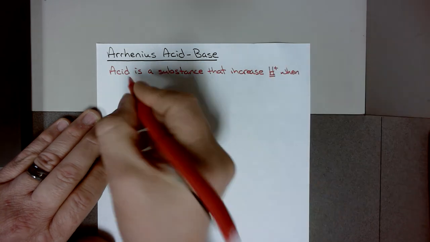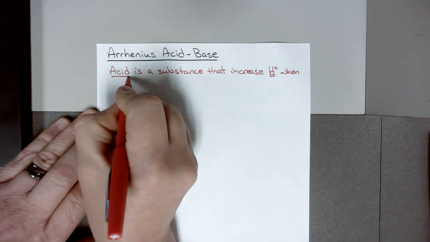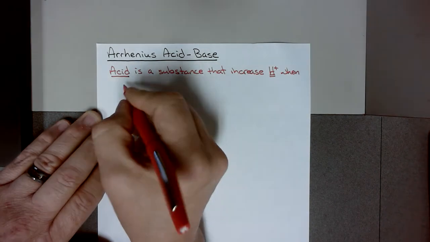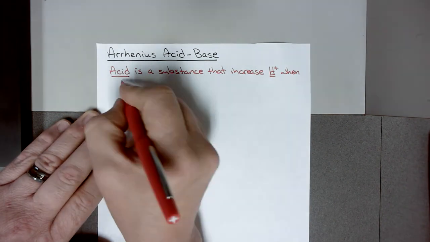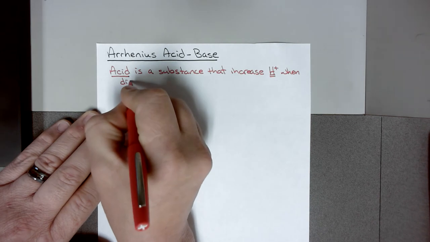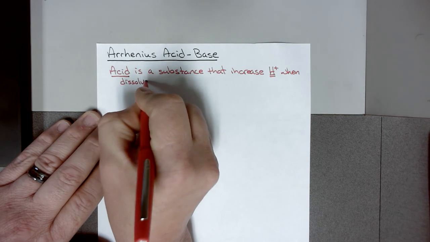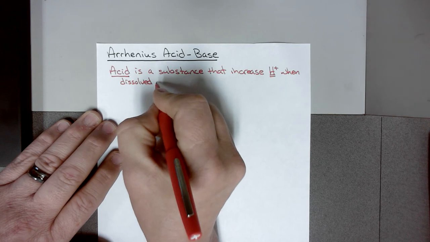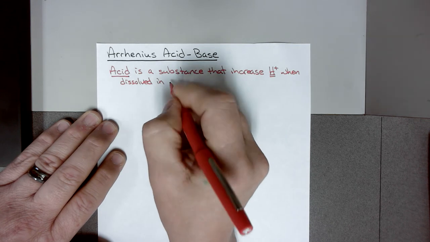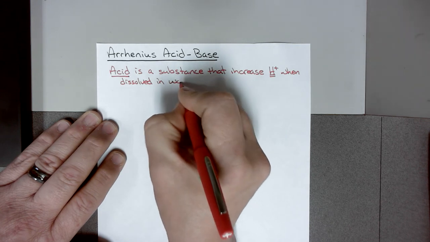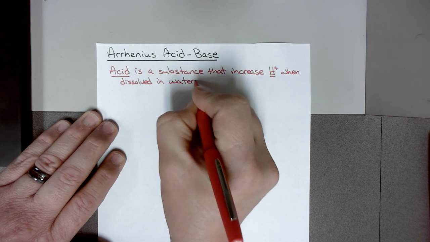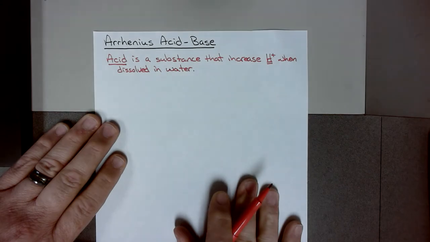So the limit for an Arrhenius acid base is that it has to be in water. Because it's all about the increase of H plus or OH minus in water. So acids increase H plus in water.